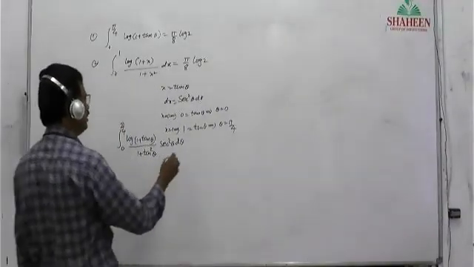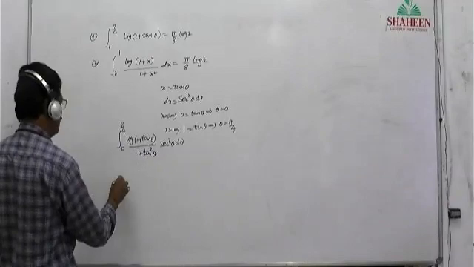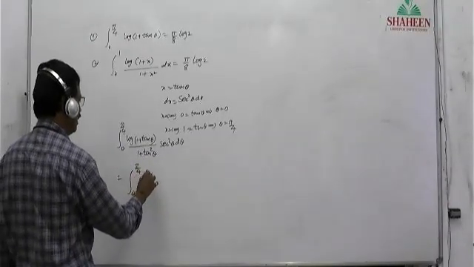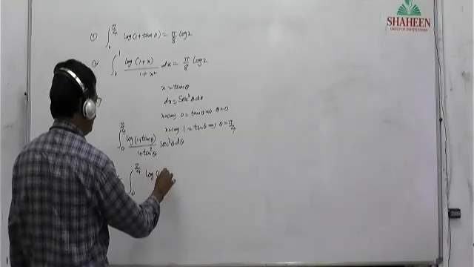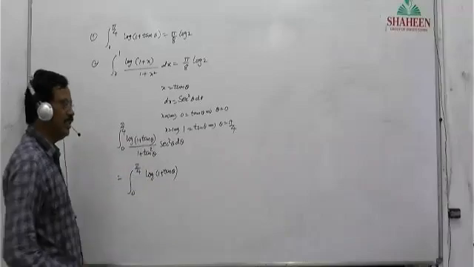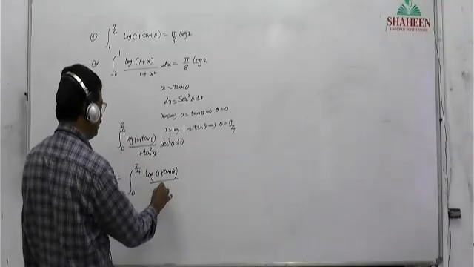Now see, this is the integral from 0 to pi by 4 of log of 1 plus tan theta. What is 1 plus tan square theta? It is sec square theta.